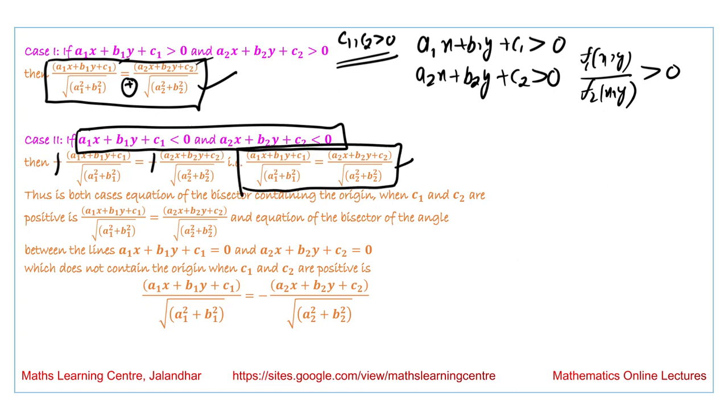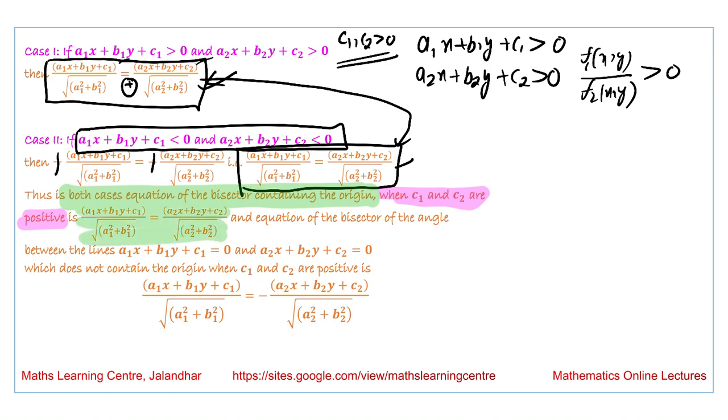Both these equations are the same. So in both these cases where C1 and C2 are positive, the equation of the bisector of the angle which contains the origin is given by this equation, with positive sign for both these values.